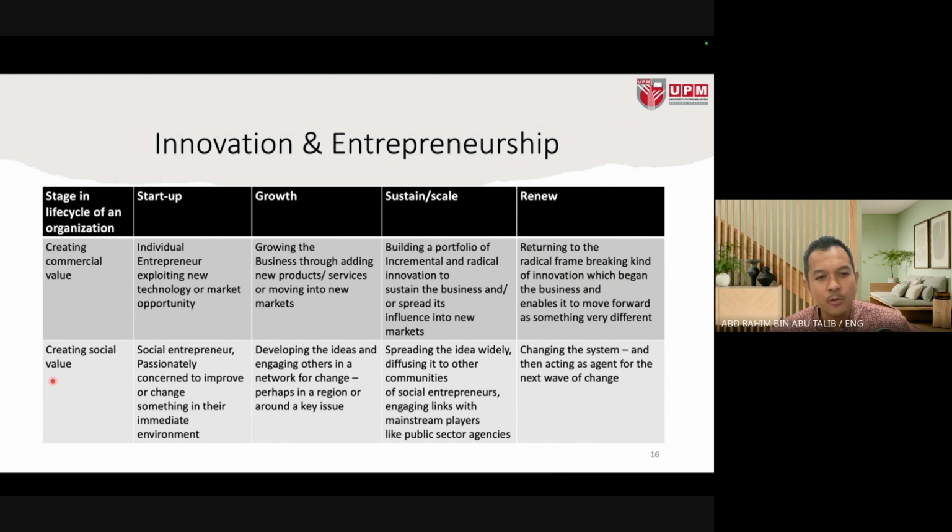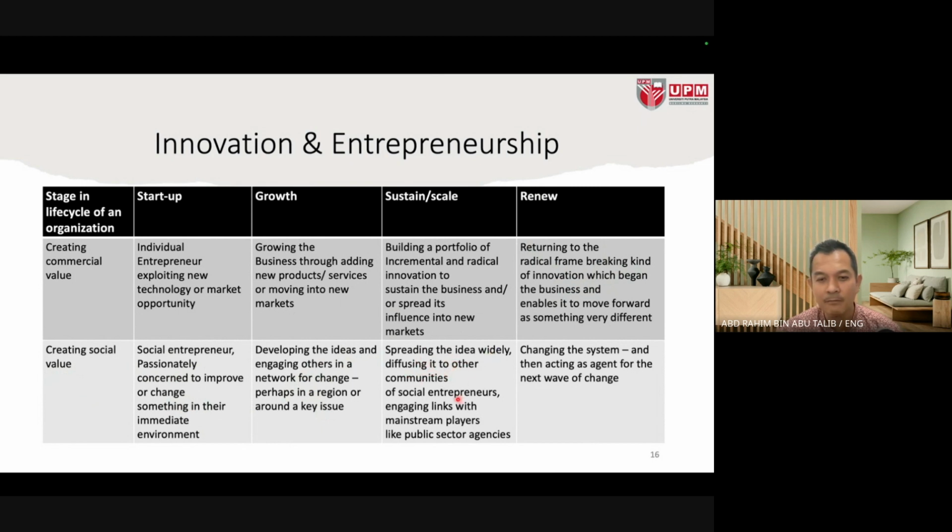With regard to creating social value, all right, this is not about money transaction. Of course, it costs money to create social innovation, but it's about giving back to the society, right? A social entrepreneur is passionately concerned to improve or change something in their immediate environment, developing the ideas and engaging others, creating a network, getting support from stakeholders, okay, and then they can sustain and scale up, spreading the idea widely.